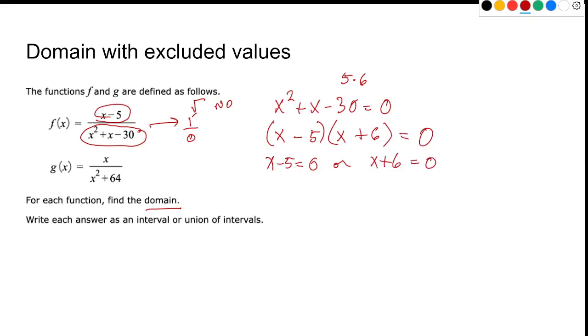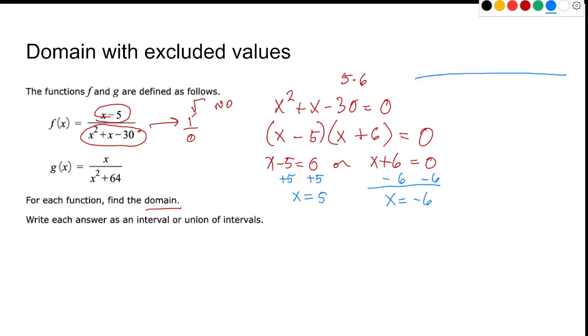Either of those values will create a 0 in the denominator. This one we solve by adding 5 to both sides, getting us x equals 5. And this one we subtract 6 from both sides, telling us that x equals negative 6. These are two values we have to exclude. So I like to do this by looking at a number line.